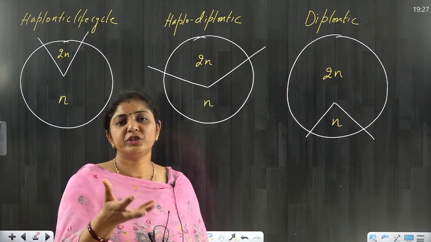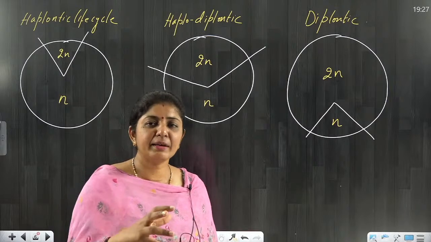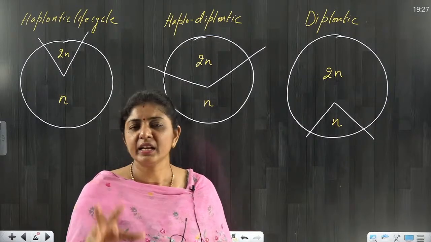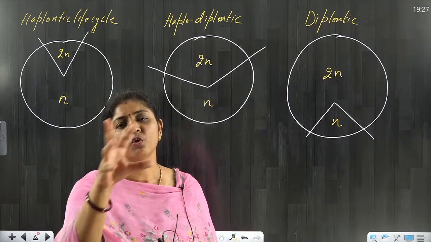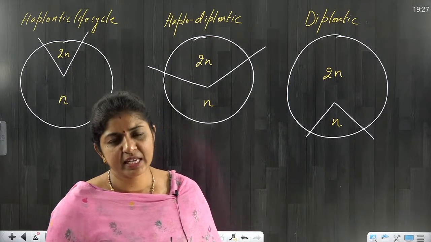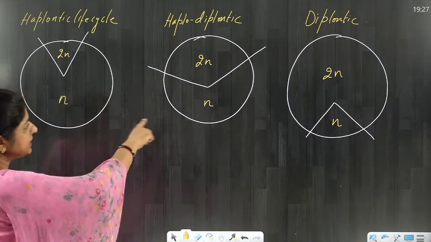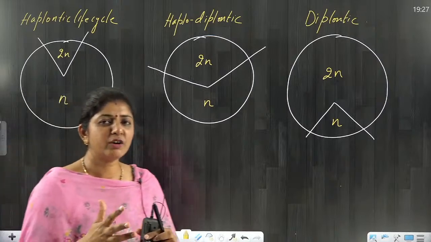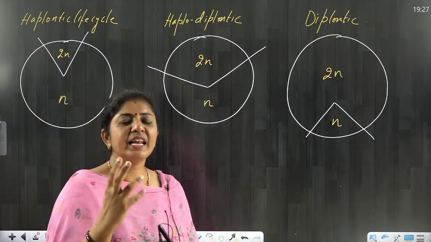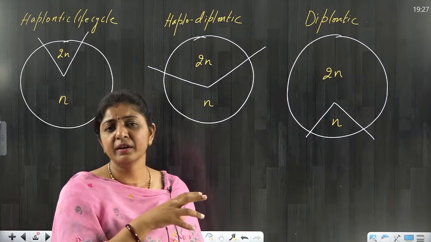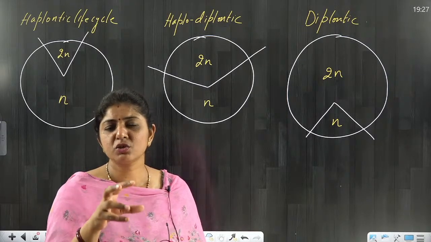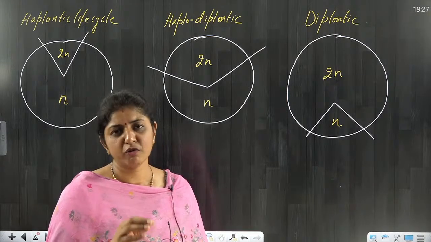Second is the duration. How much time the gametophyte will take in the life cycle and how much time sporophyte is taking in the life cycle. When you will see this, can I say it is like a pie chart in mathematics, which is telling you about the duration here for the different phases of the life in case of plants.